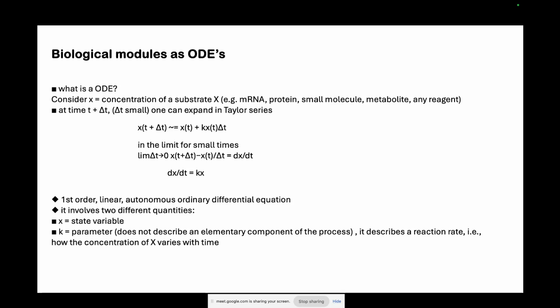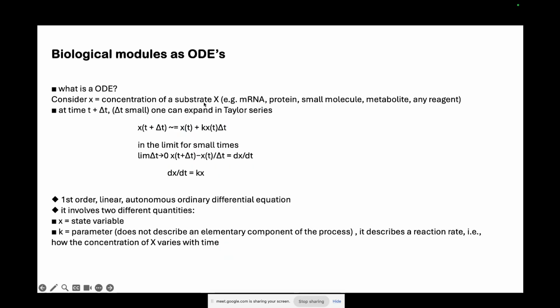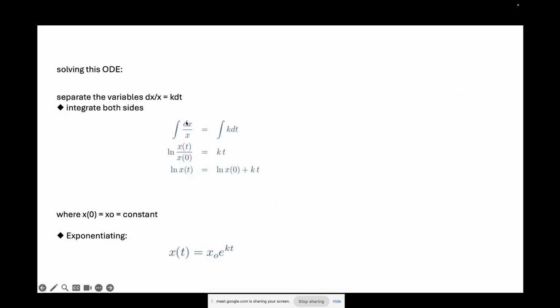Okay, so moving on. As I was saying, this is a fairly simple ODE. You just separate out the different variables on both sides. So this was the equation. You take x to the left, so dx by x equal to k dt. Then you directly integrate this because you can separate out the variables on each side.